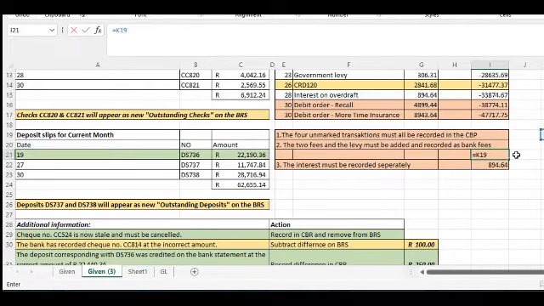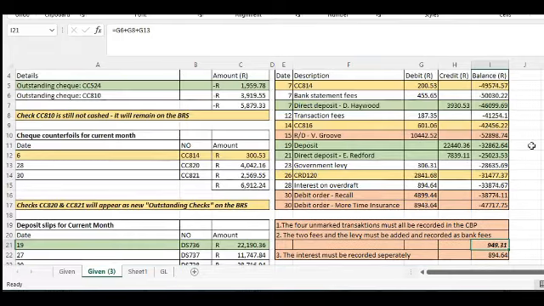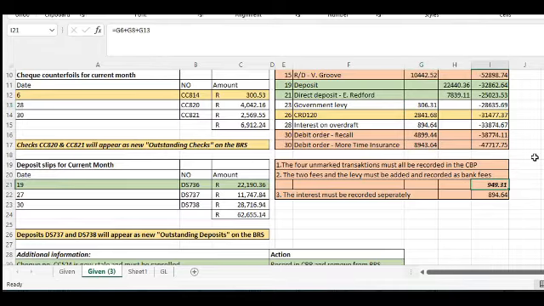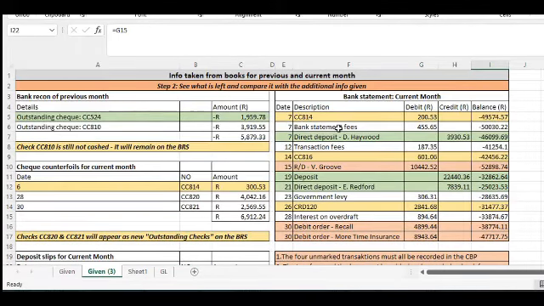Let me just undo it. Okay, so what I did there, I took the 455 and the 187 and the 306, and together that gave me an amount of 949. And then the interest is left, and I record this separately. Okay, so now I know that I've dealt with everything that is in my bank statement.